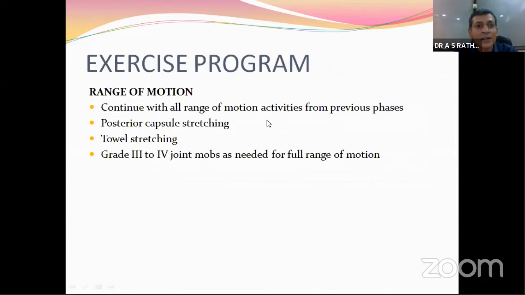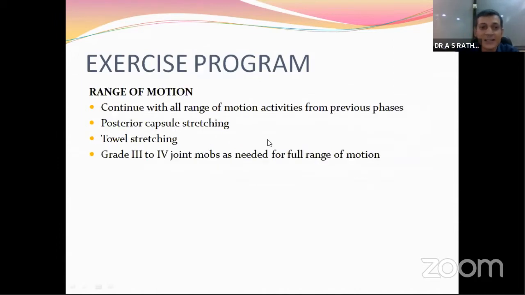Here our exercise program is to attain all the range of motion of the joint. Posterior capsule stretching we continue at this stage, as extension is more difficult to achieve.